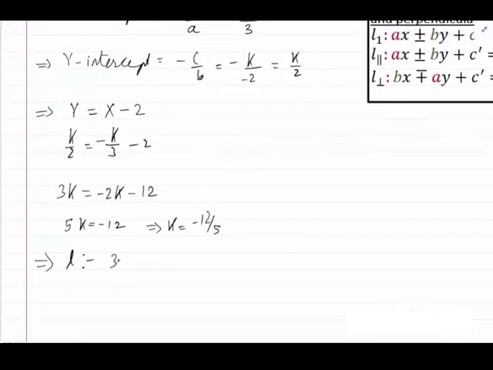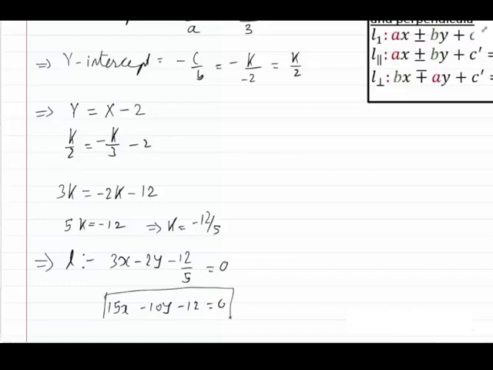So we can say 3x minus 2y plus k, which is minus 12 by 5, equal to 0. Or we can say 15x minus 10y minus 12 equal to 0 is the equation of the line. Ta-da!